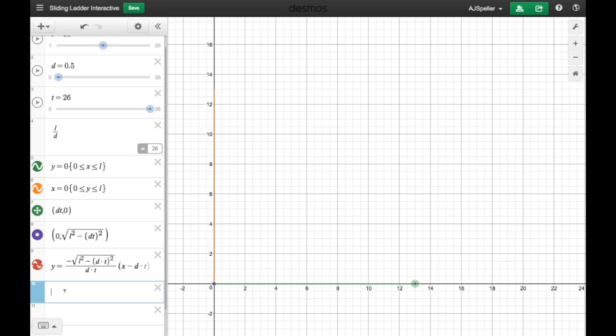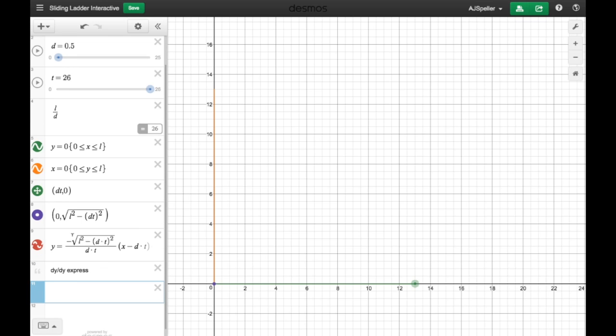All right, and the last thing that we need to do is we need to show what dy dt is. So dy dt expression is just going to be the derivative of this y value here, square root of L squared minus the quantity dt squared. What we have to remember here is that the L and the d are constants. And what I'm going to do is just give us that part instead of actually going through that entire hand calculation.